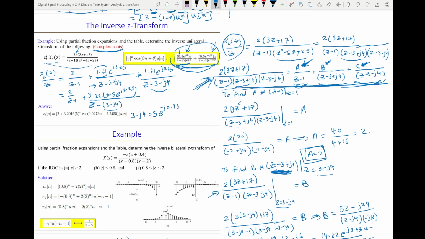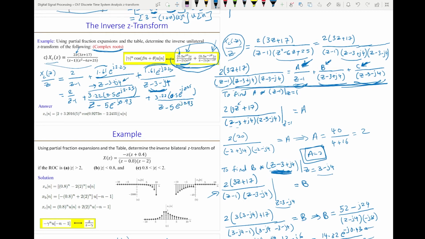So now I can delete this and write it in the polar form. 5 plus. Now this one term here will be exactly like this term, except conjugate. So it will be 3.22, and here it will be the same as this, except conjugate.